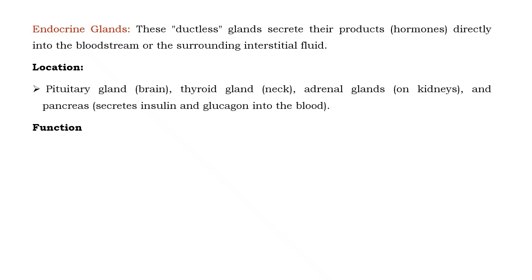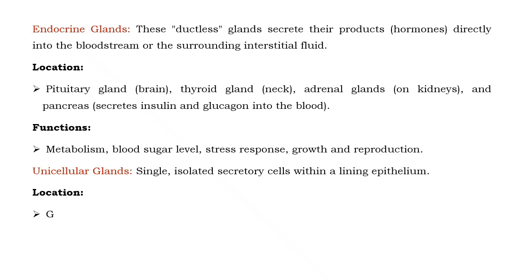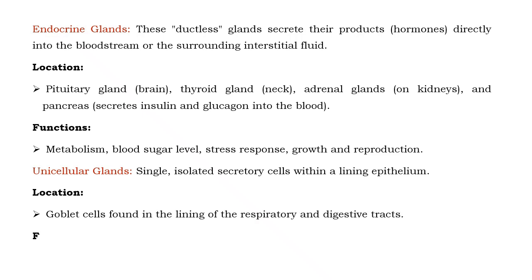Functions: metabolism, blood sugar level, stress response, growth and reproduction. Unicellular glands, single isolated secretory cells within a lining epithelium. Location: goblet cells found in the lining of the respiratory and digestive tracts. Functions: lubrication of food.